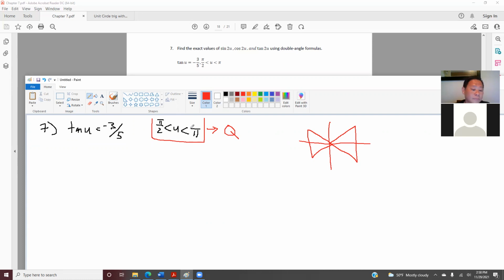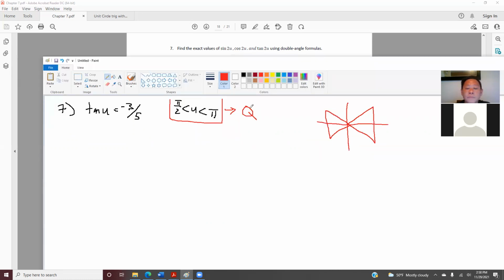Anyone? You can look at your unit circles. This belongs to quadrant 2, that's between 90 and 180 degrees. So this is what the quadrant 2 triangle looks like.